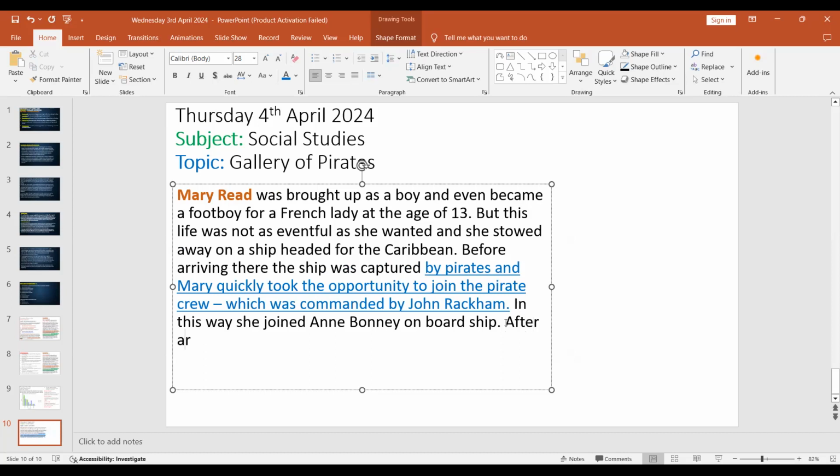After arriving in the Bahamas, Mary was sent out from New Providence to capture a Spanish ship.